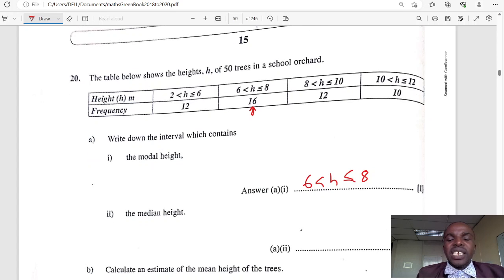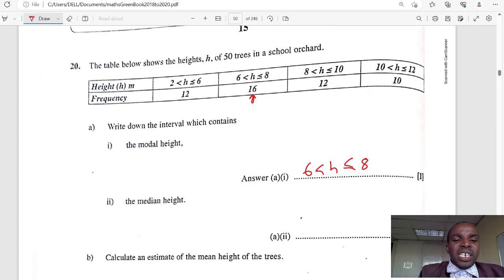Then the median height. Which class contains the median? For the median, you just say n plus 1 over 2 or n over 2. N is the number of items, 50. So 50 divided by 2 is 25. So the 25th value represents the median. You can check the first part, they are 12.